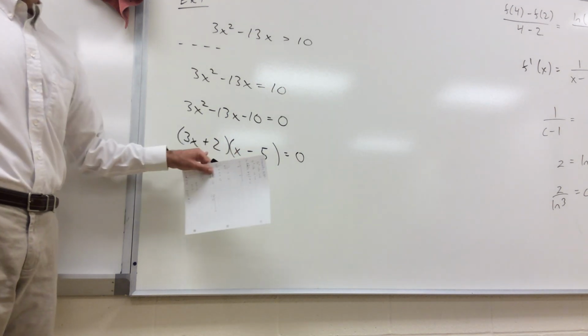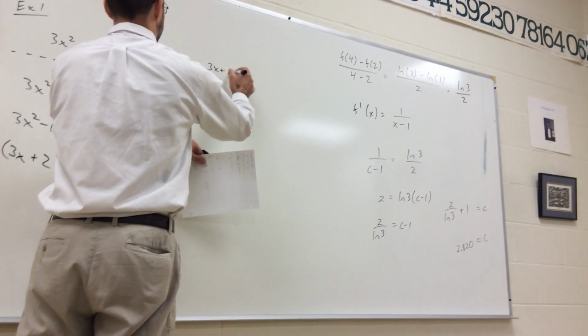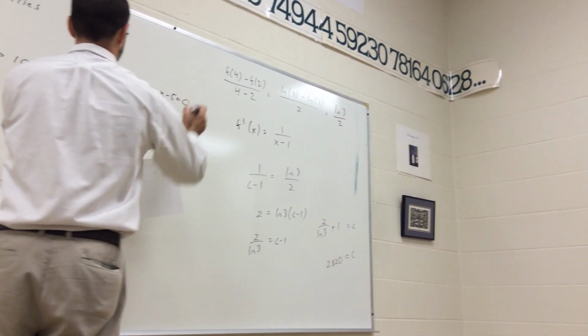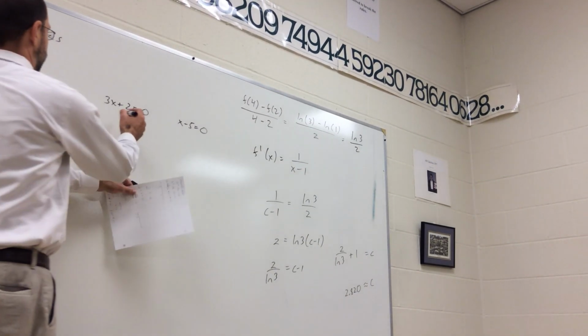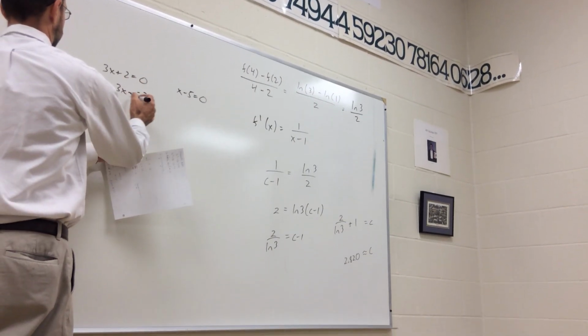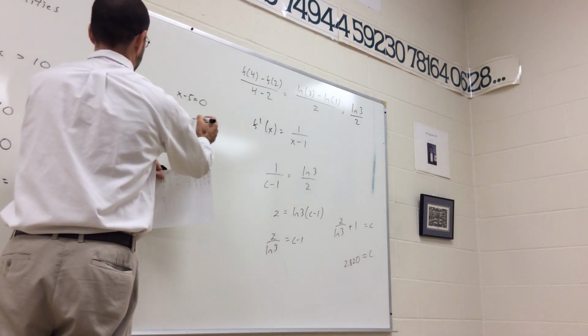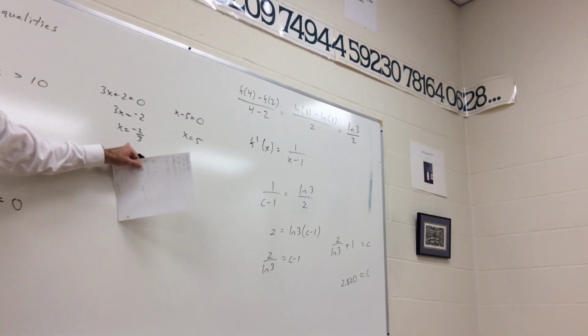So then you set each parenthesis equal to 0 by itself. So 3x plus 2 equals 0. And also x minus 5 equals 0. So x is negative 2/3, x is 5.